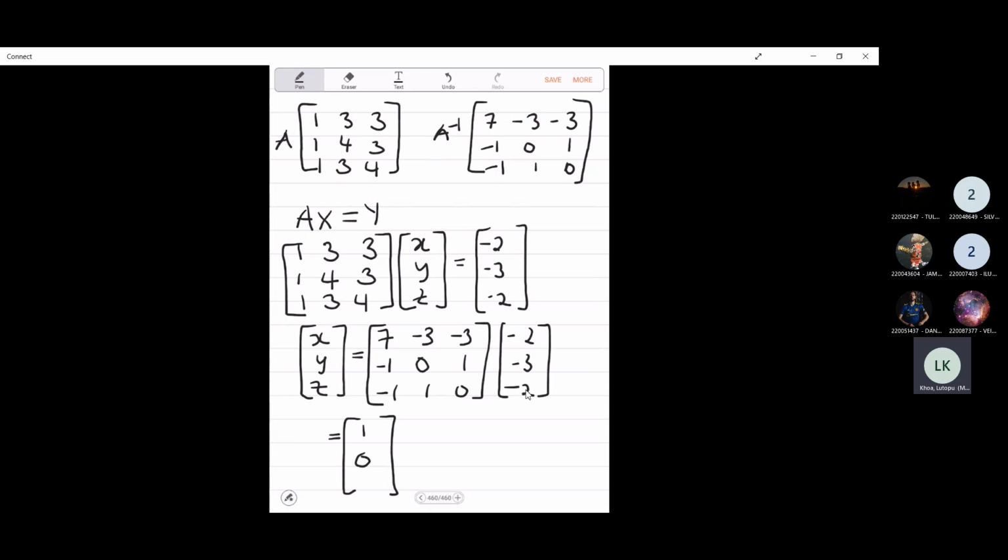And minus 1 times minus 2 plus 1 times minus 3 plus 0. I'm getting minus 1. Let's see if that works. So here I would say X is 1, Y is 0.